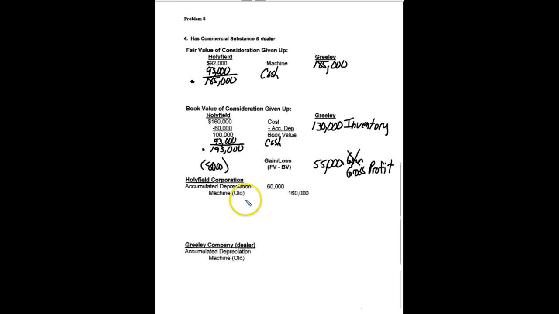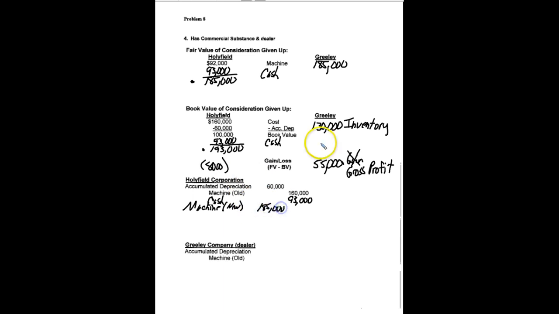Well, let's go ahead and do Holyfield like we've been doing. Holyfield is going to give up this old equipment, and give up cash of $93,000. A new machine will come in. We'll report that at fair value.